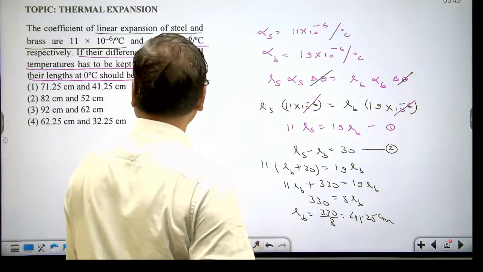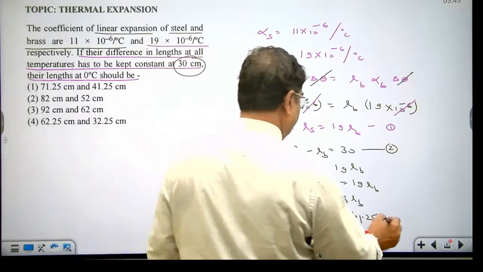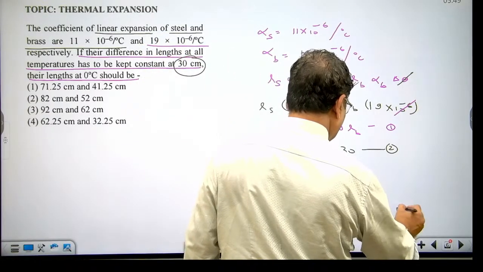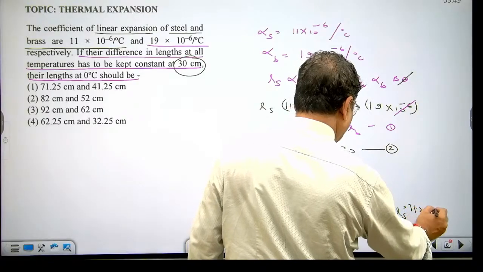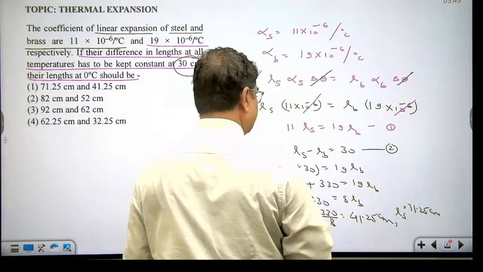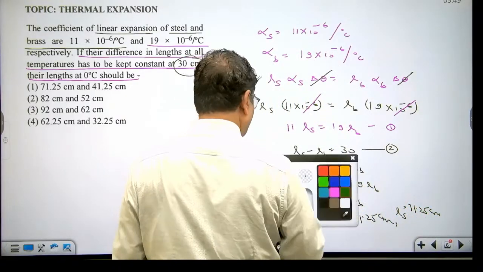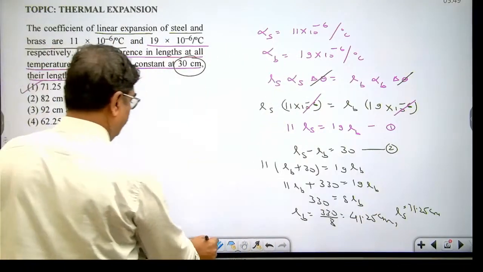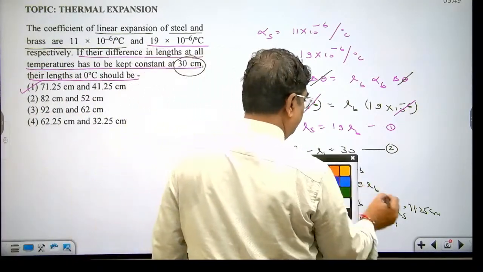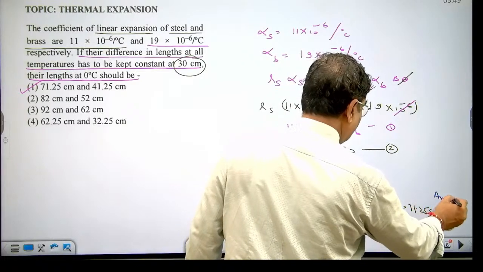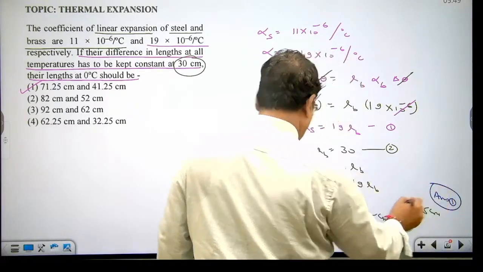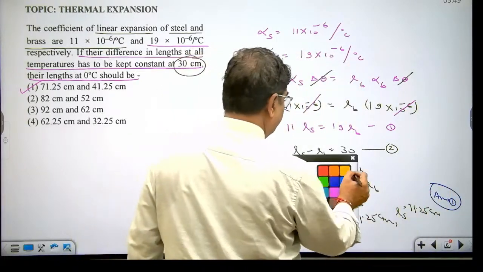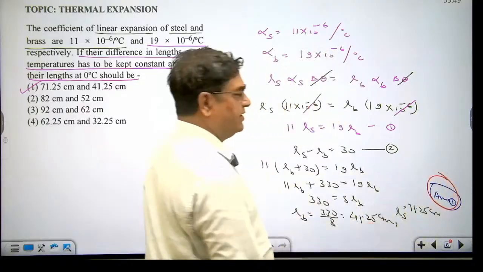So what is LS? LS will be 71.25 centimeter because LS minus LB is 30. Okay. So out of 4 choices, the correct choice is option 1. Dear student, the correct choice is option 1 in this question.